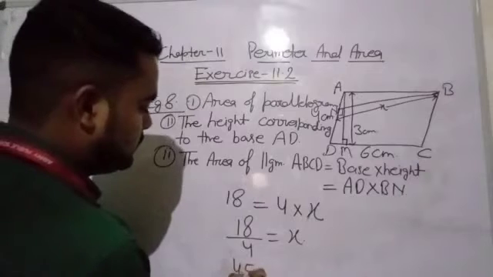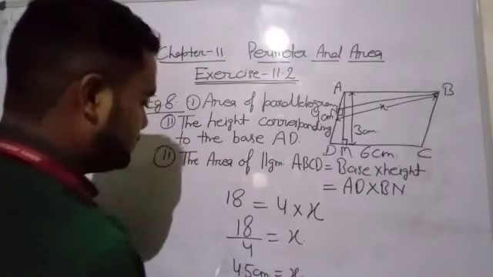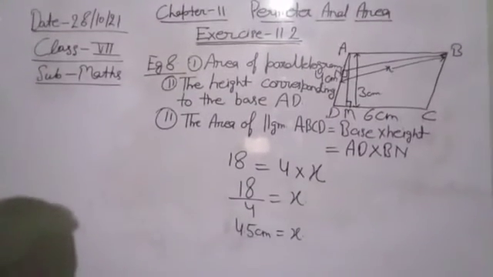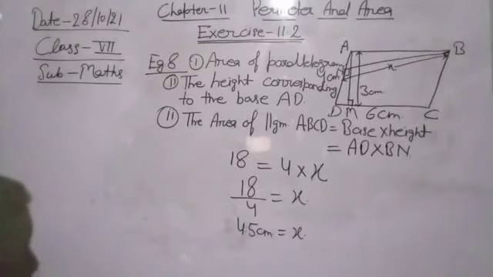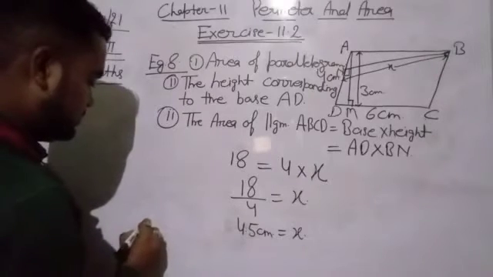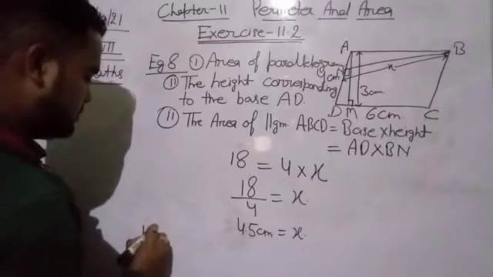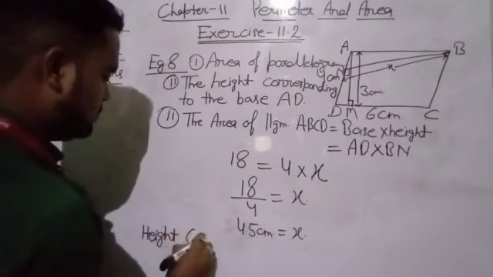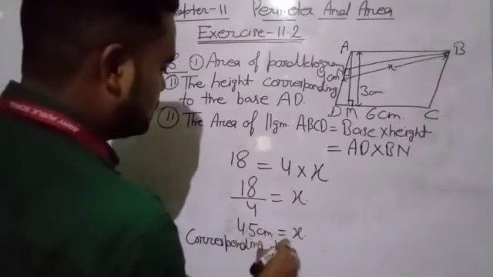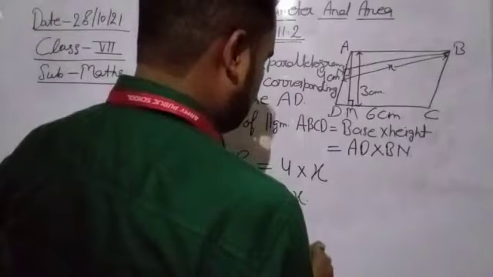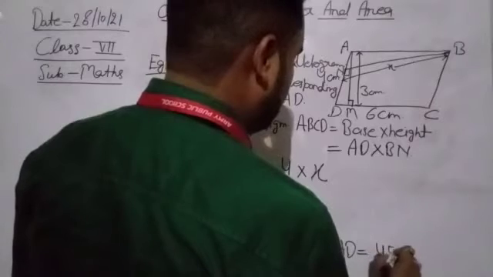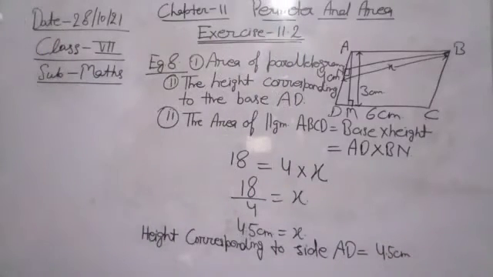So 4.5 centimeter is x. We can write height corresponding to side AD is 4.5 centimeter. Now you can note it down.